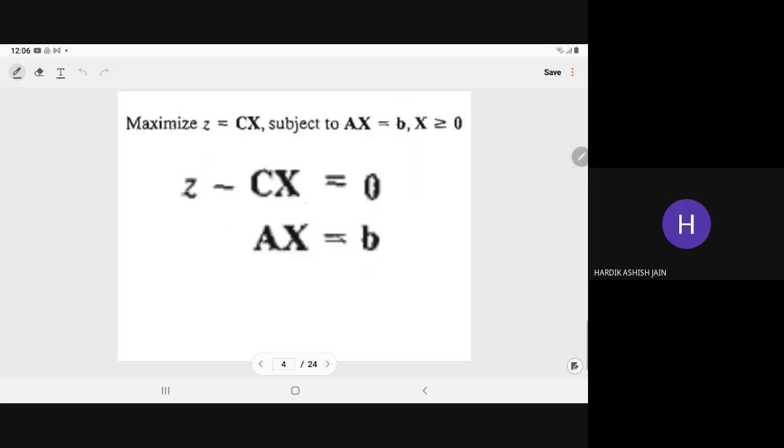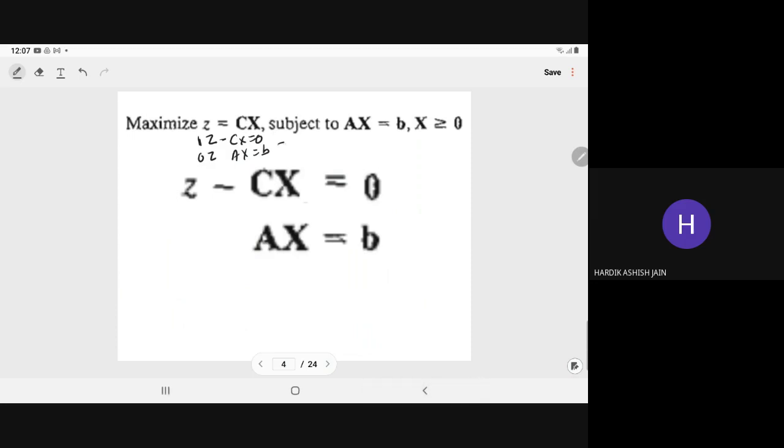Now we have the problem z equal to cx subject to Ax equal to b, x greater than or equal to 0. This z can be written as z minus cx equal to 0, and Ax equal to b stays as it is, that is 0z plus Ax.